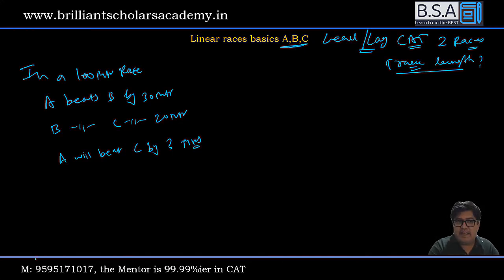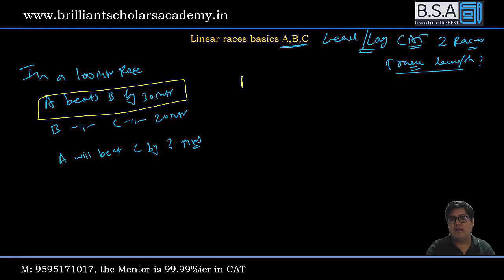What this sentence means, please understand, is A has to run 100 meters to get a lead of 30 on whom?